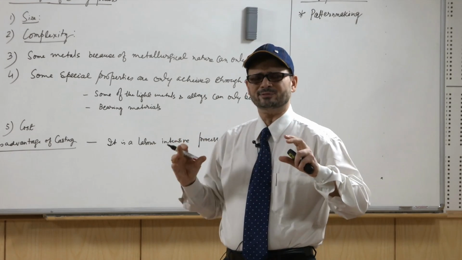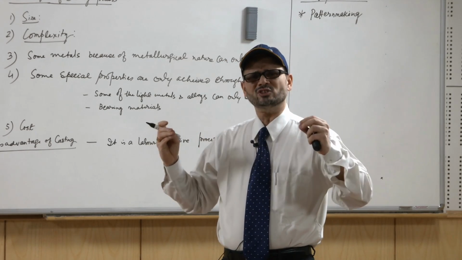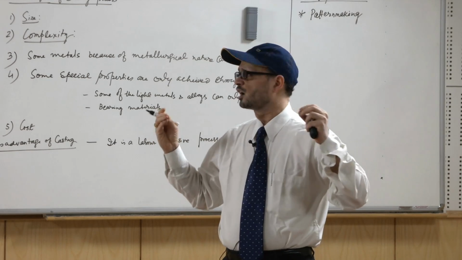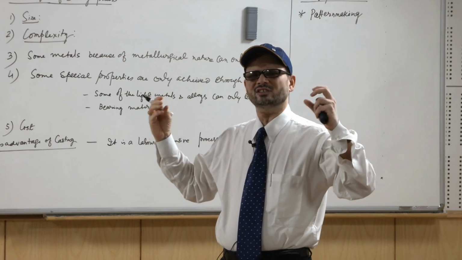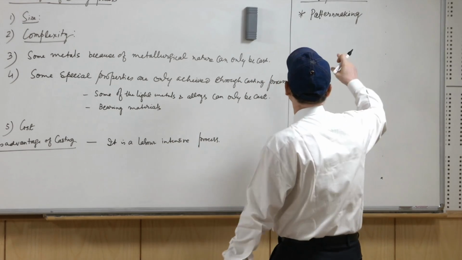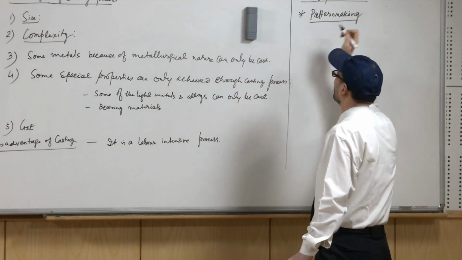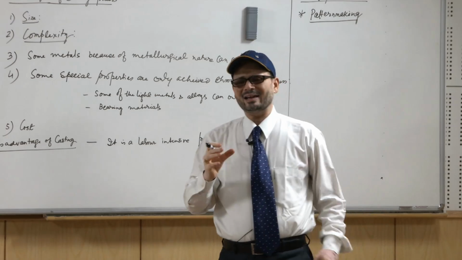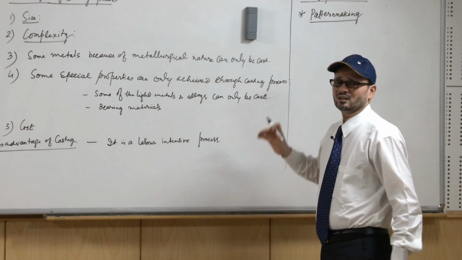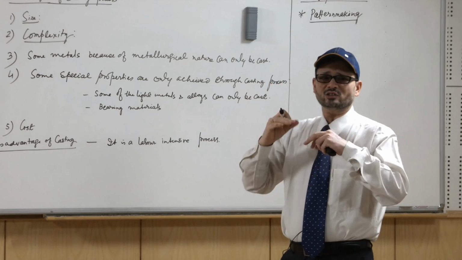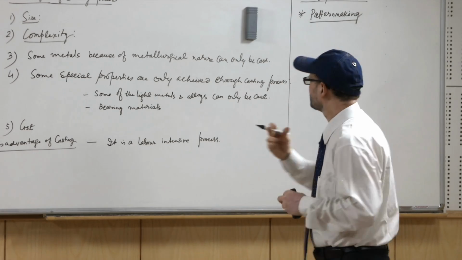It also gives the provisions for supporting the cores, which come later. For that, core prints are there, and this is very important because depending upon the accuracy and the finish of the pattern, you should also expect the quality of the cast product.